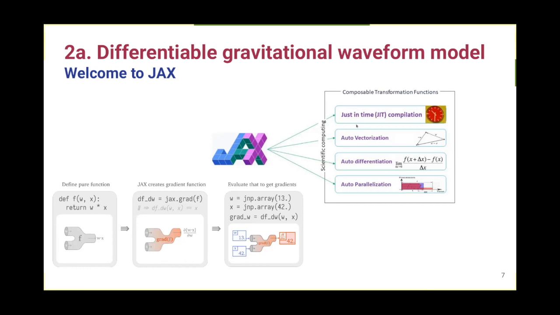And finally, when you do all of this, you can also parallelize your code, which is somewhat connected to the automatic vectorization, and that's how you can also gain speed up. So here is a very small snippet of how it does that.